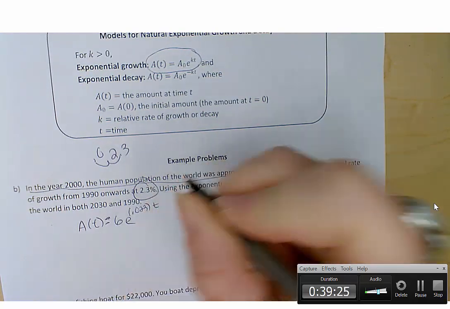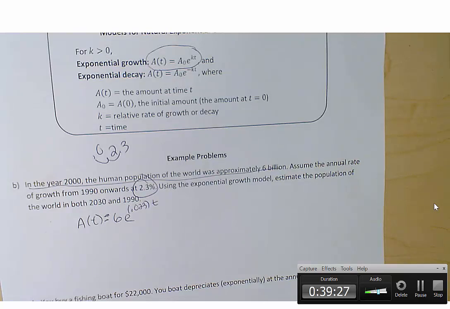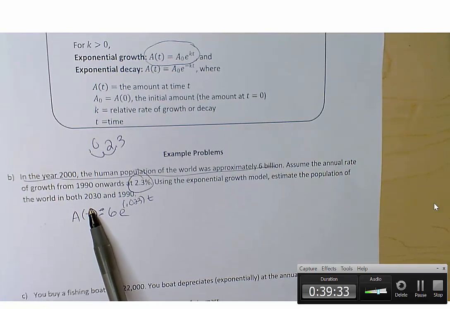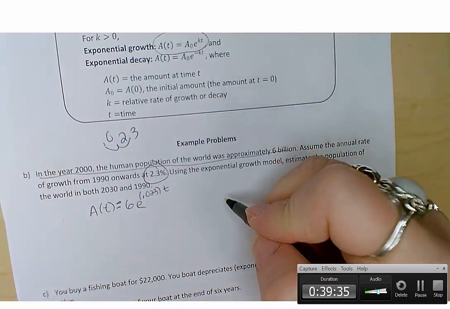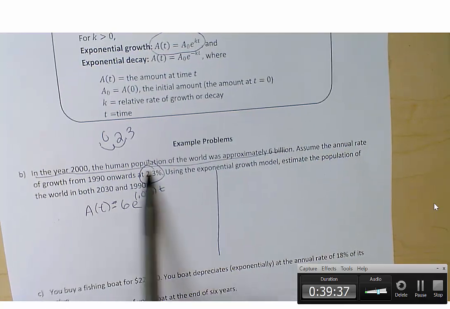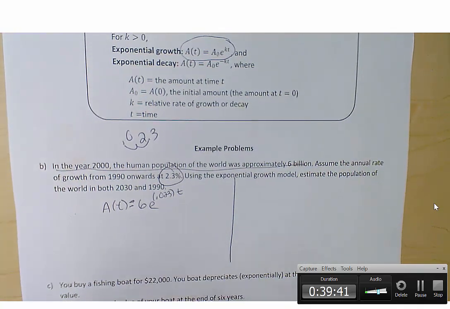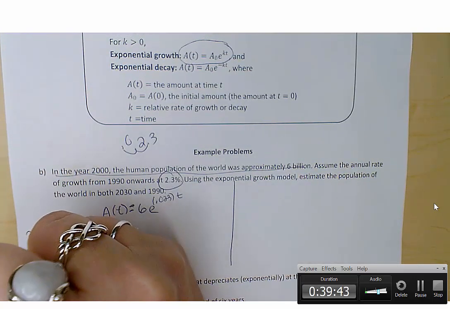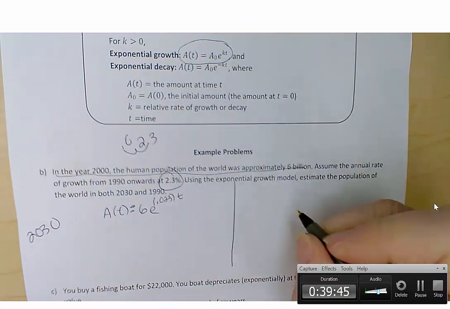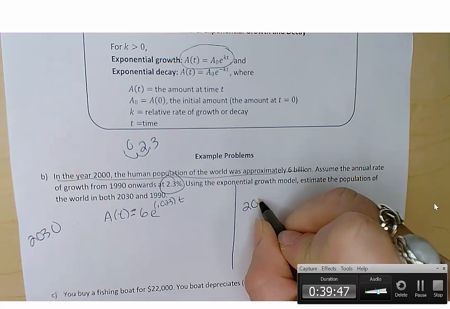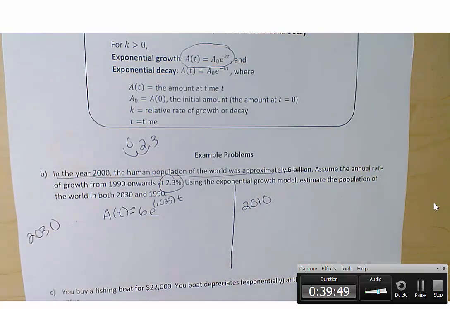That is actually going to differ here, because we were given two different problems: find the population in 2030 and then in 1990. So this is our basic formula that we're going to be using here. The only difference is we are going to calculate one for the population in 2030, and one for the population in 2010.